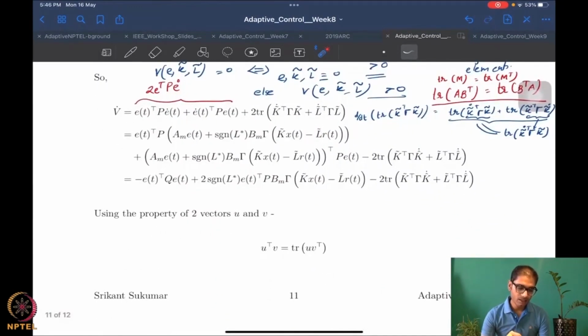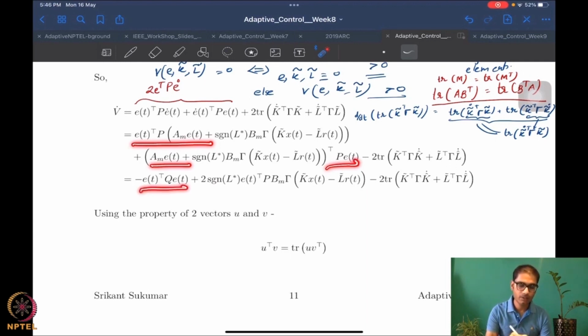It's A_M E plus signum L star B_M gamma, this thing, and similarly here with the transpose, this guy. Now these terms and this term get combined to give me this term. This is just the Lyapunov equation.